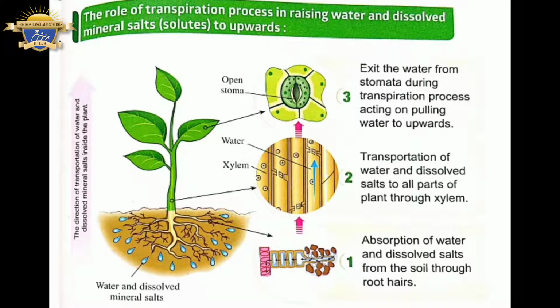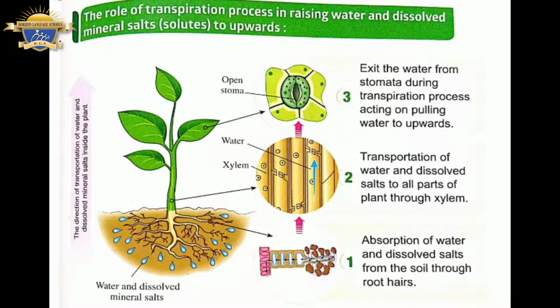The role of transpiration process in raising water and dissolved mineral salts upwards. Number 1. Absorption of water and dissolved salts from the soil through root hairs. Number 2. Transportation of water and dissolved salts to all parts of the plant through xylem. Number 3.